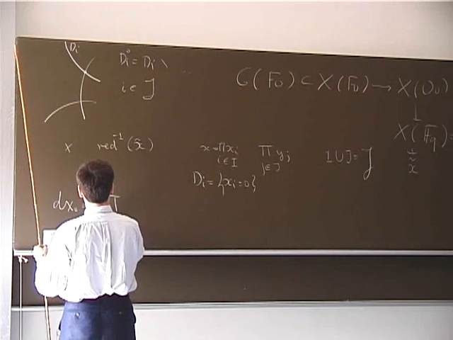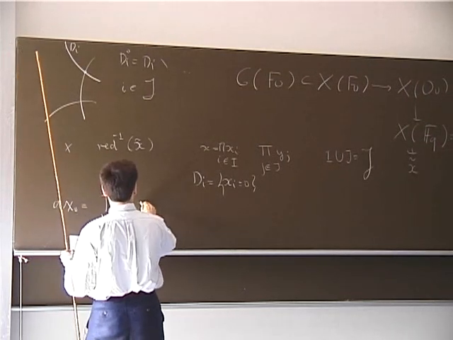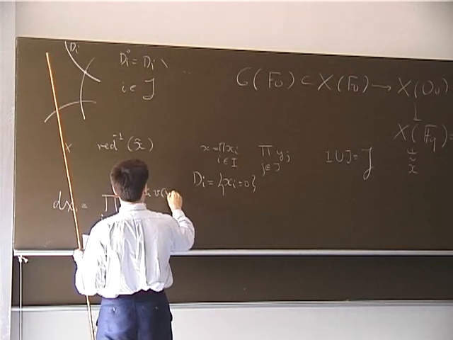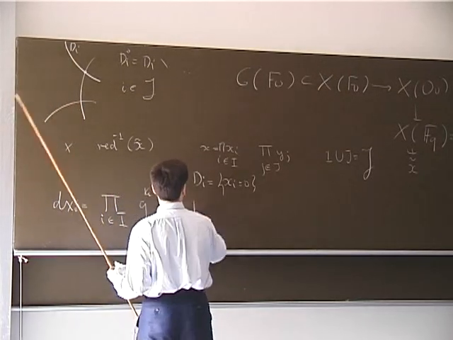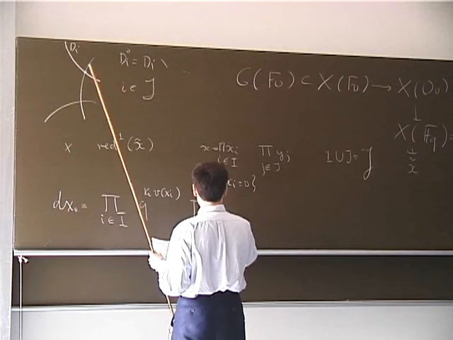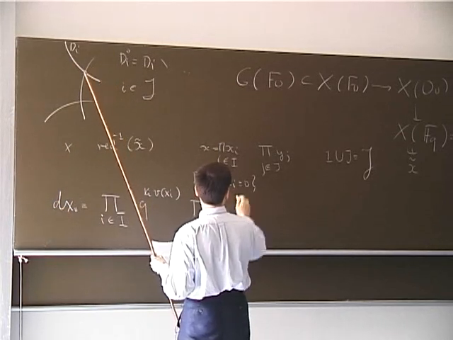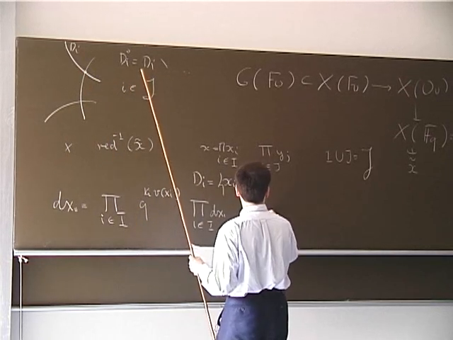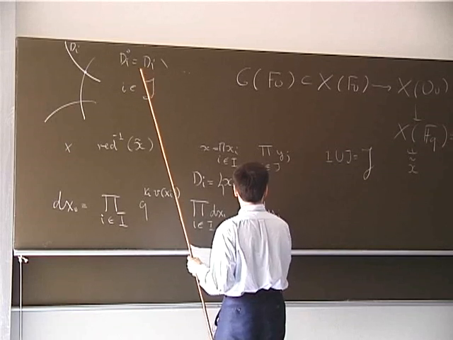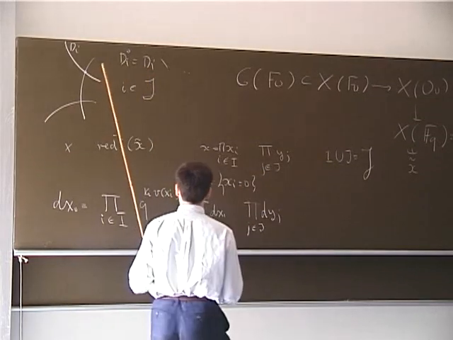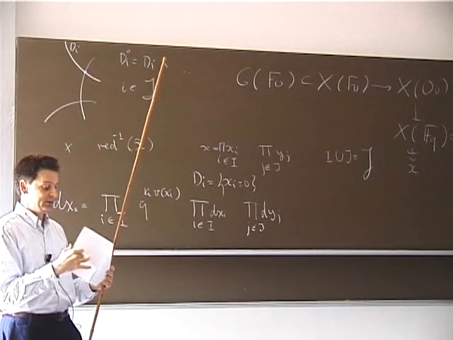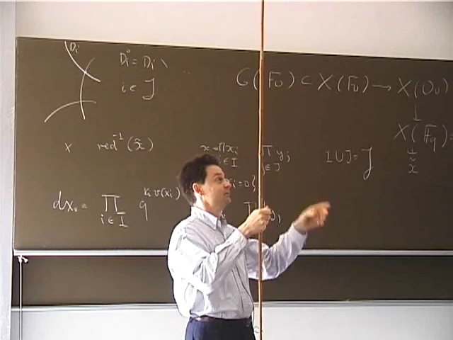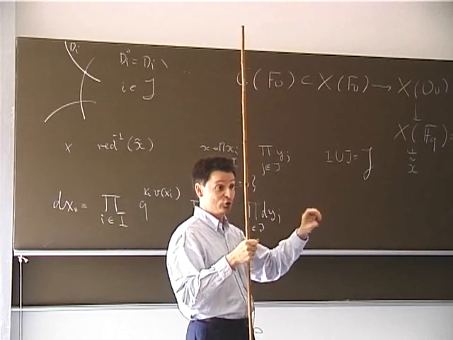So it's a product over i in I of q to the kappa_i times the valuation of x_i, and then the product of the dx_i, i in I, and the product of dy_j, j in J. When you do change of variables, like in real analysis, you have a Jacobian matrix and you take the absolute value of its determinant.